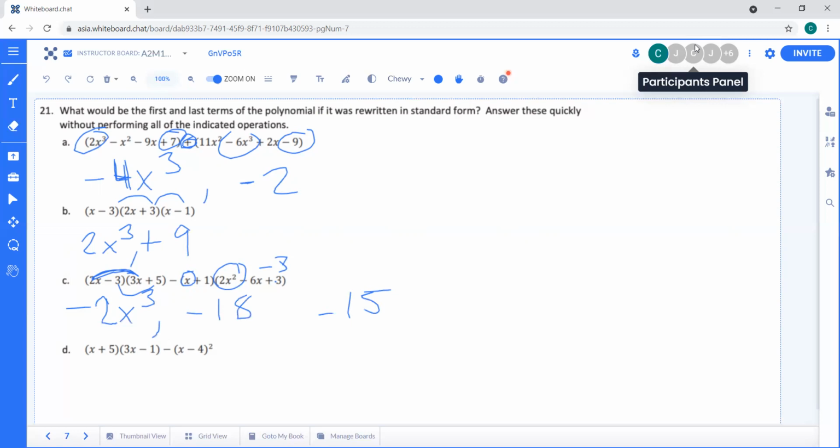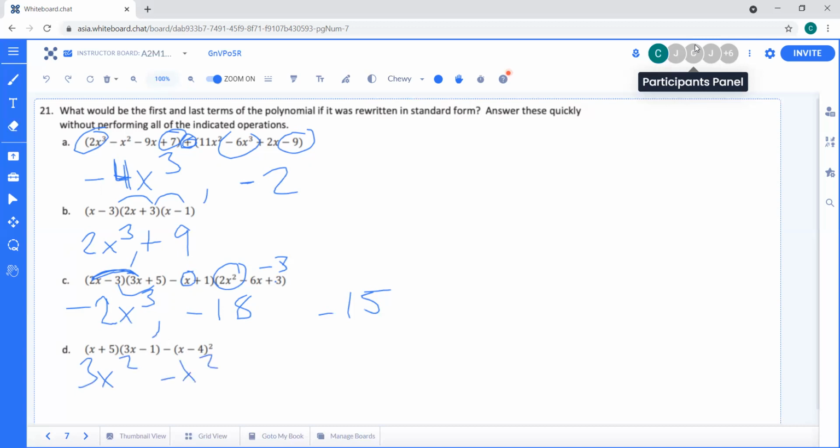Okay. Same thing for this one. This one's going to be a negative x times a negative x. So that's going to be a negative x squared. So we don't like that. Okay, so we're going to have to actually do both of these. So this will be 3x squared. This is going to be negative x squared.